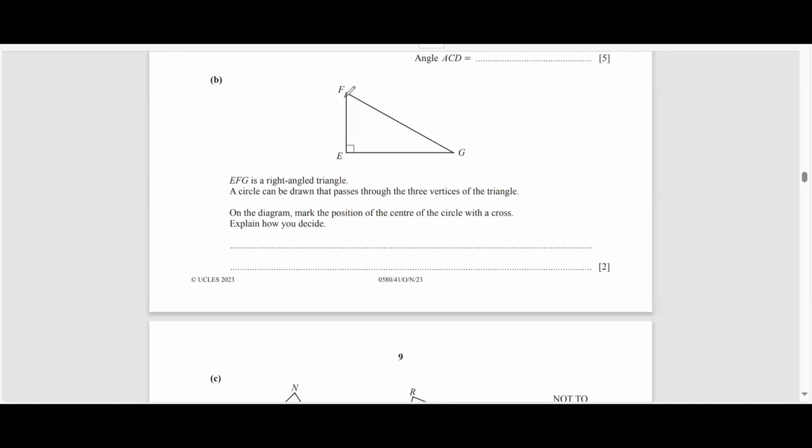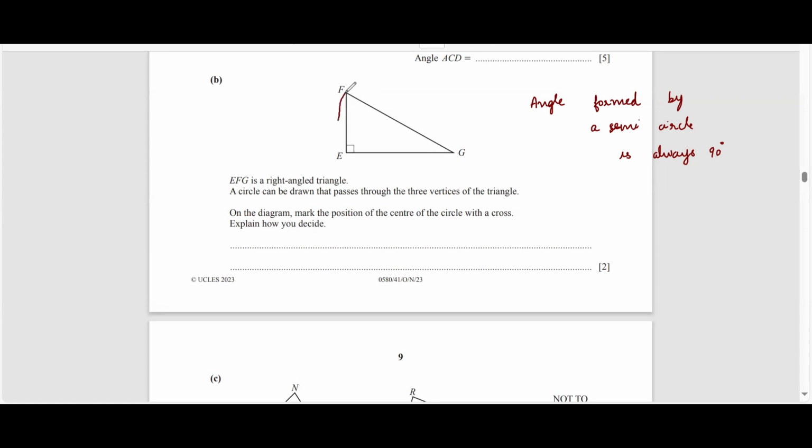Here, we have studied a circle theorem: the angle formed by a semicircle is always 90 degrees. So we have a 90 degree angle at E. So this FG should be the diameter.